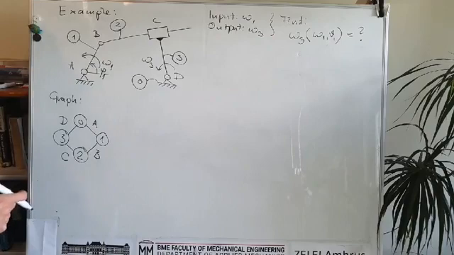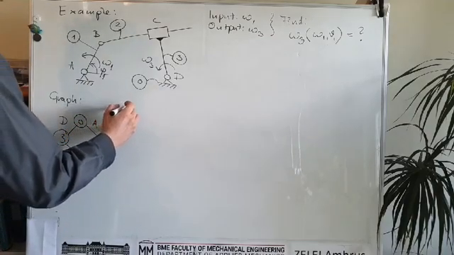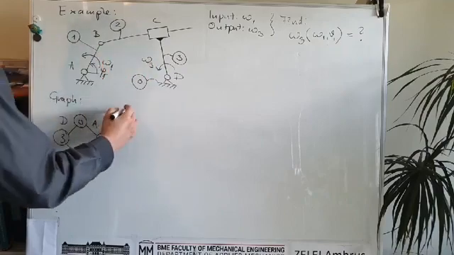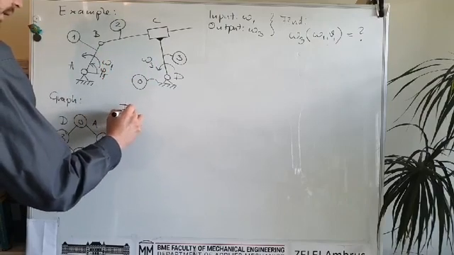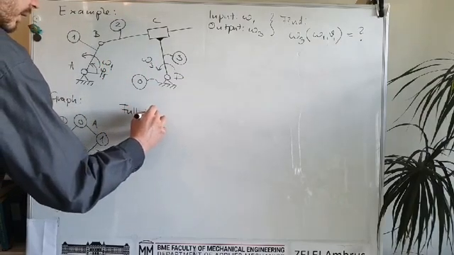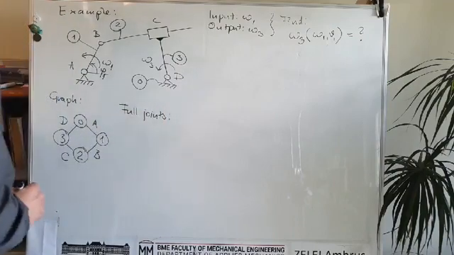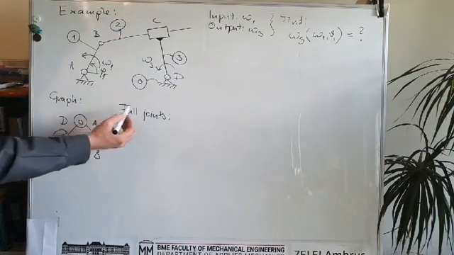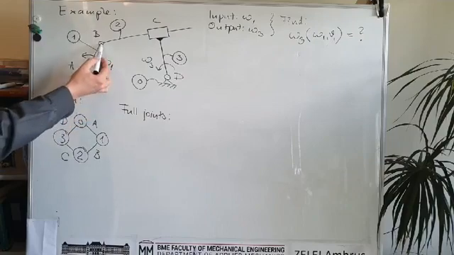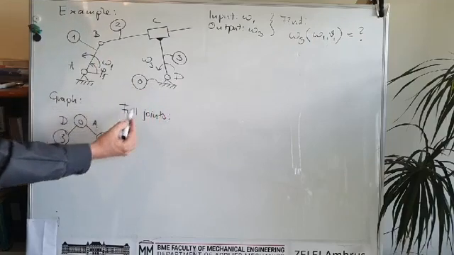We can also calculate the number of degrees of freedom by calculating the number of joints. So let's count the number of full joints. This is a full joint, this is a full joint, and this is also a full joint.